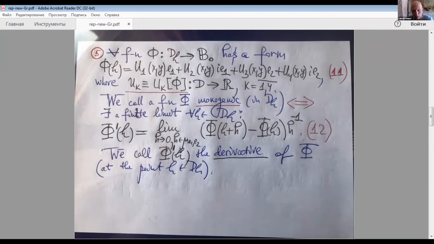So we can see that this limit is a usual derivative in the sense of Gryshchuk, and this is a particular case of the functions differentiable by Gateau. About them, Professor Plaxer told above.